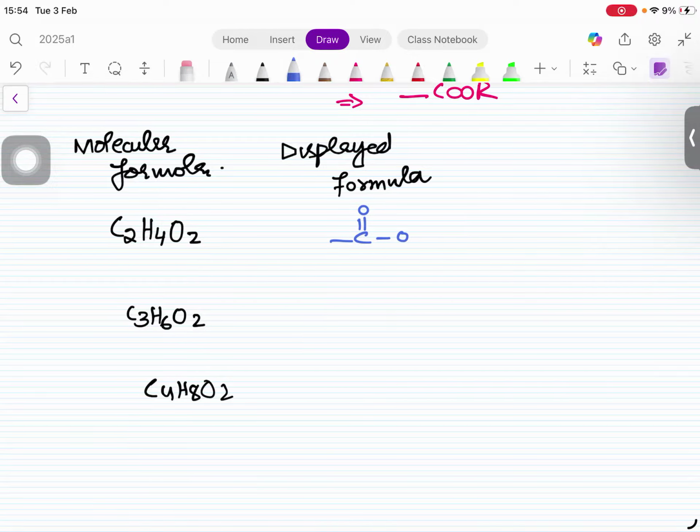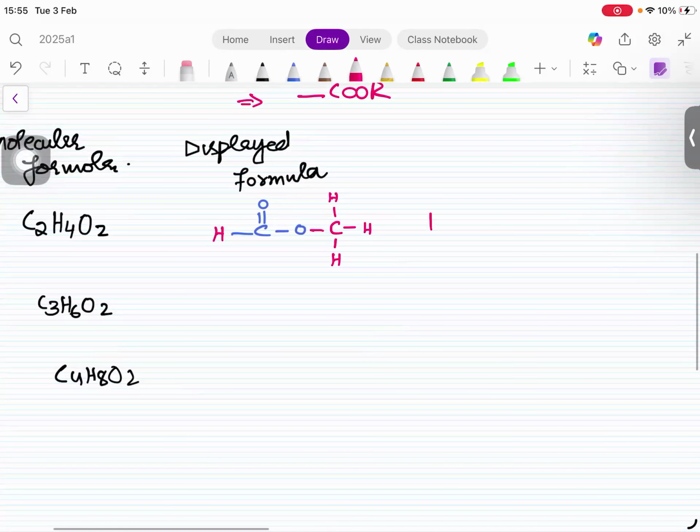Functional group C double bond O, and then O, and there must be a carbon with the oxygen, right? So I have to put one carbon here with the oxygen. And I already have the total number of carbons, there were only two carbons, right? So this is a 2 carbon ester. So what I'm saying is that with the oxygen you have to put a carbon. So this is HCOO and then CH3.